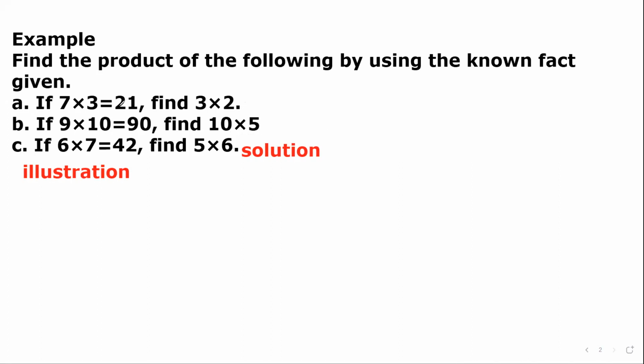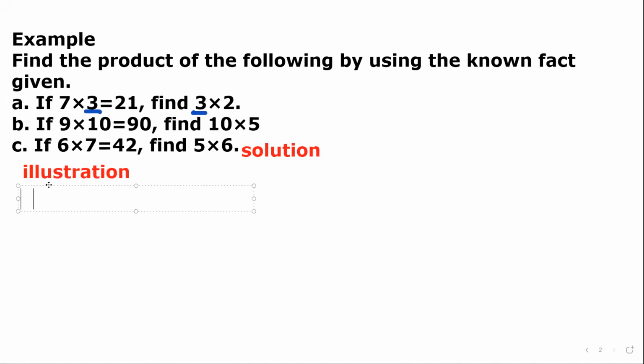So 7 times 3 here is the known fact. There's a number here, which is a 3, and 3 here. So once the 3 appears in the known fact and at the same time in the unknown fact, you call it the multiplier. Okay, good. Therefore, you start with the multiplier here.